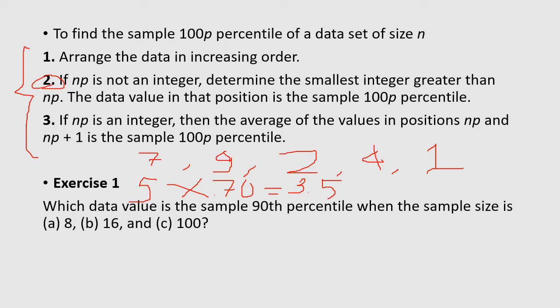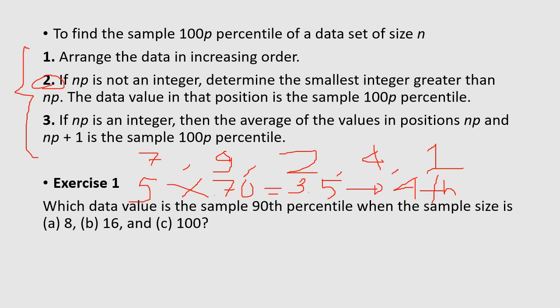Okay, so that means 4, right? The smallest integer greater than 3.5. Okay, so we got 4. What does it mean? That means the 70th percentile is in the 4th position. Again, you have to go back to the data set and look at the ordered array of data.